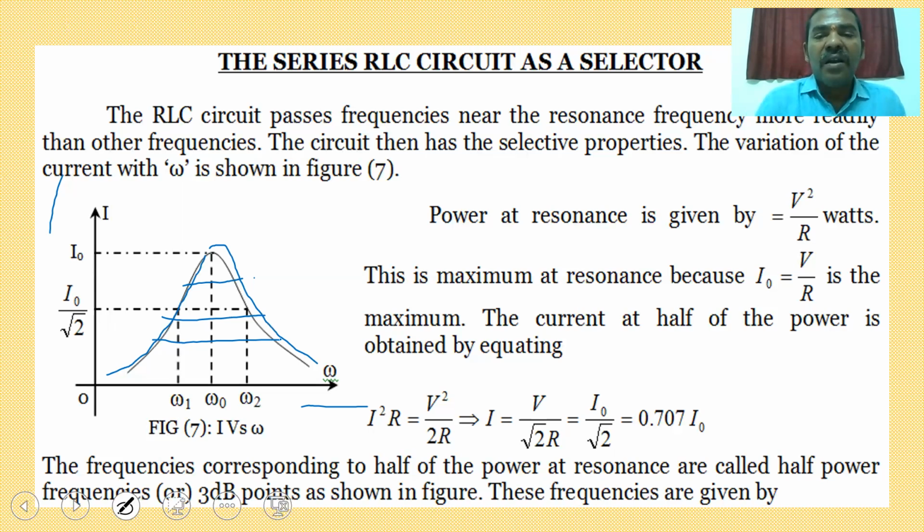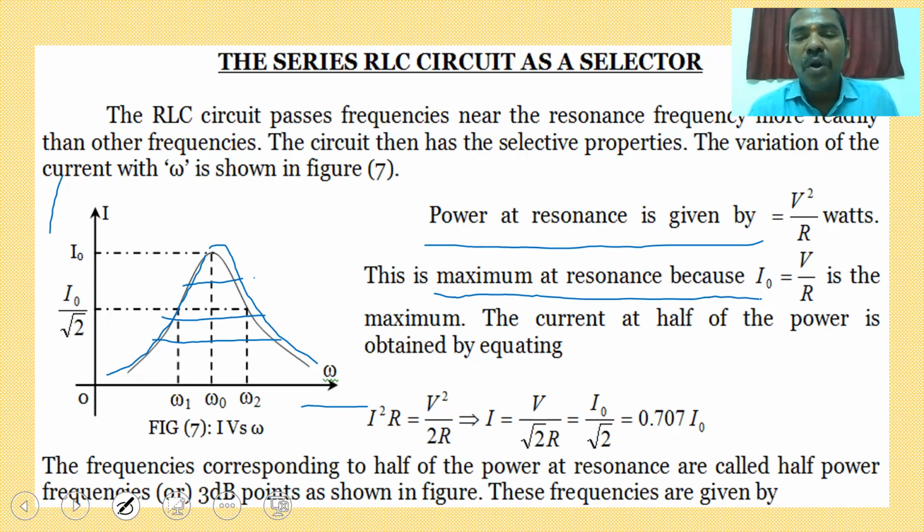So the resonating power can be represented as V square by R, and the maximum resonating current I naught is equal to V by R under the maximum power condition. So 50% of the power you have to take.